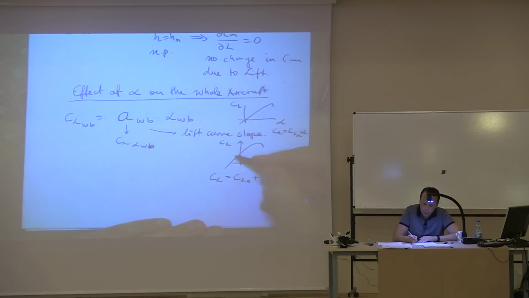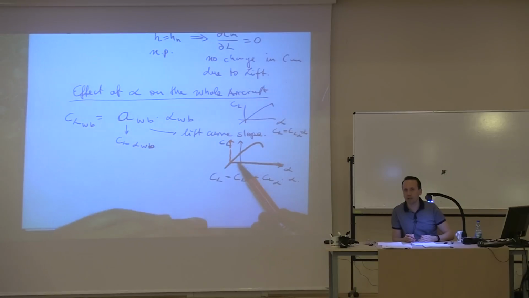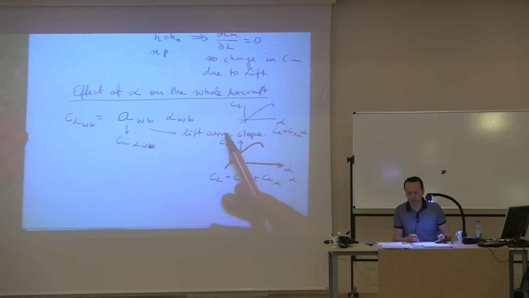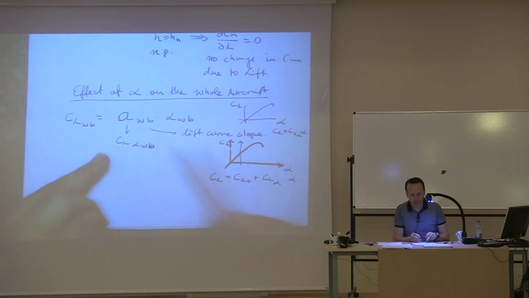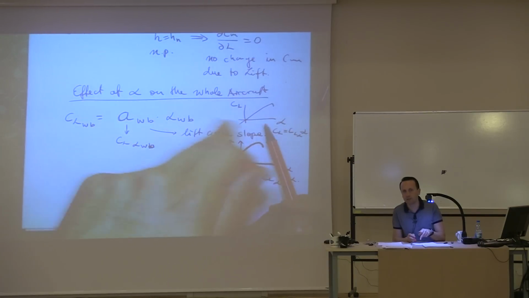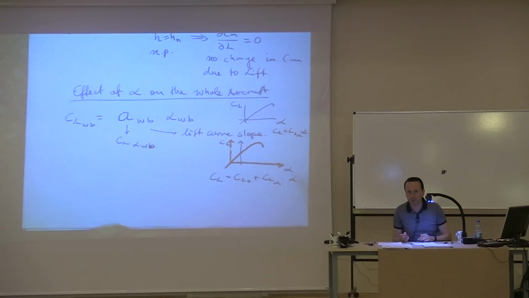It would be possible to just move this coordinate system over here. Okay, and then suddenly you have a graph that goes through 0, and the only difference would be the reference point would have changed, and you can still write these equations instead of always adding a constant plus CL0. You could just move the reference point.